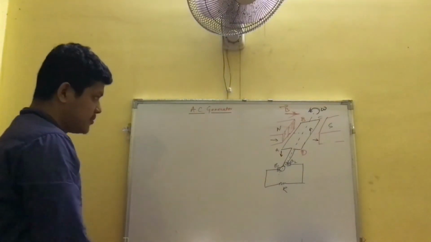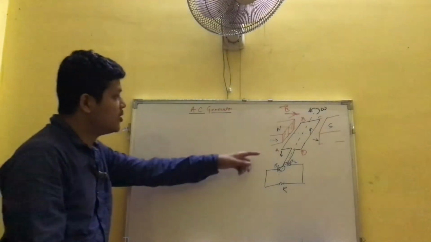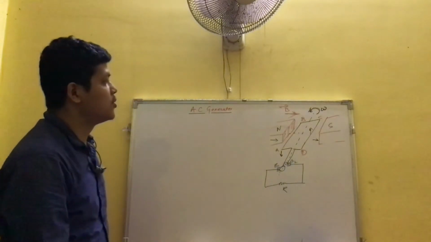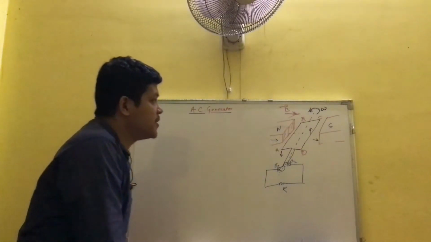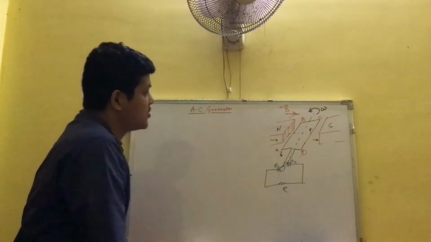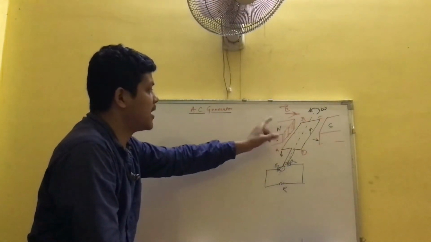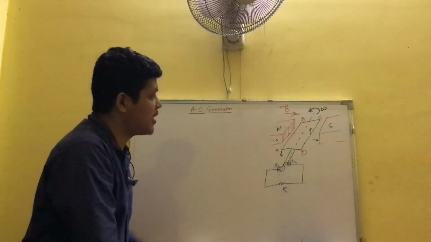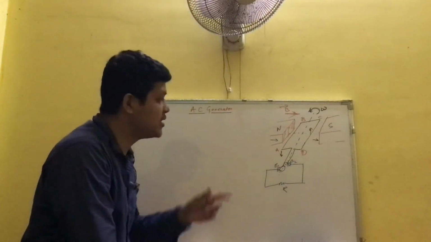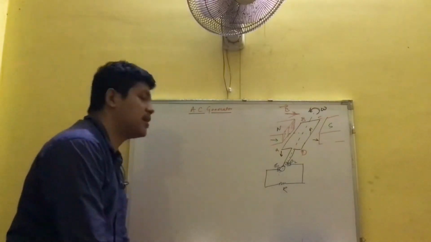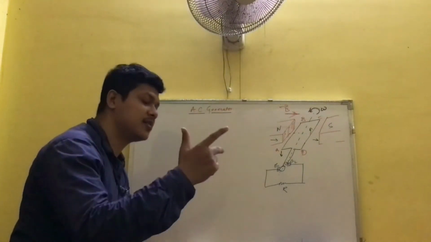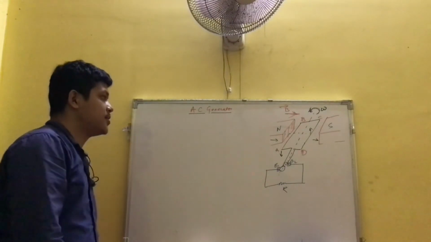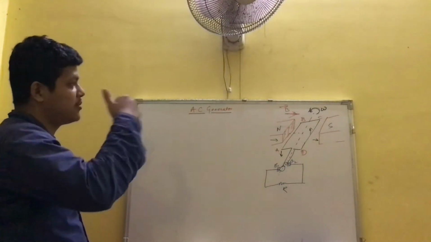Now what will happen when this is pushed downward and this is pushed upward, and what will be the direction of induced current? Due to the rotation of this coil, the magnetic flux across this coil will change, and due to the change in magnetic flux there will be an induced EMF, and to determine the induced EMF we use Fleming's right hand rule. So how to determine that?